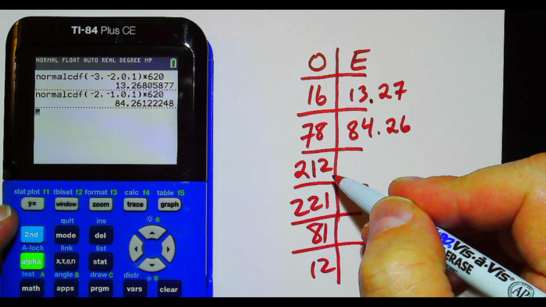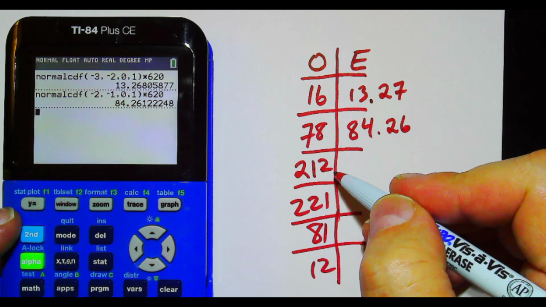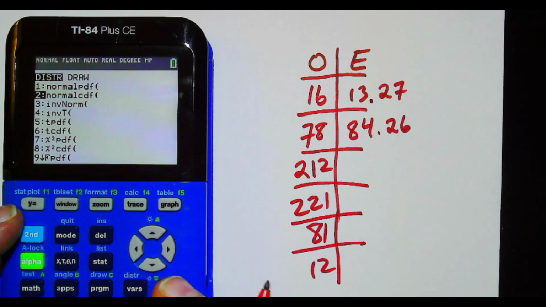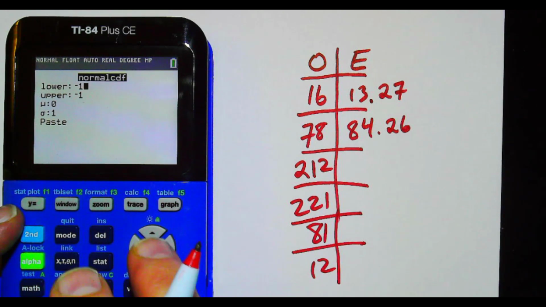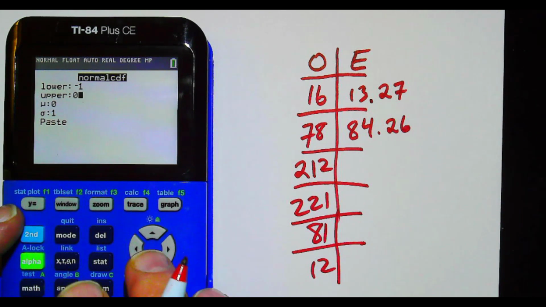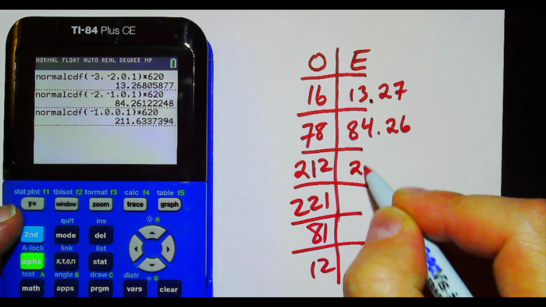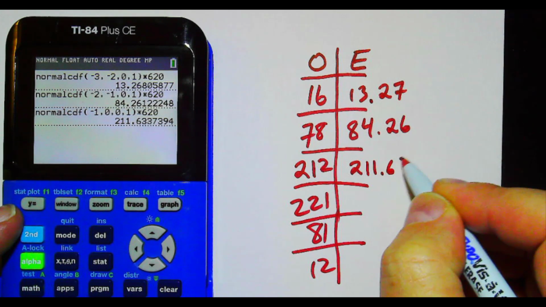Between 1 standard deviation and the exact mean, we'll go to second distribution, normal CDF, -1, 1 standard deviation below the mean, and the exact middle, the mean. We'll multiply by 620 once more and get 211.63.